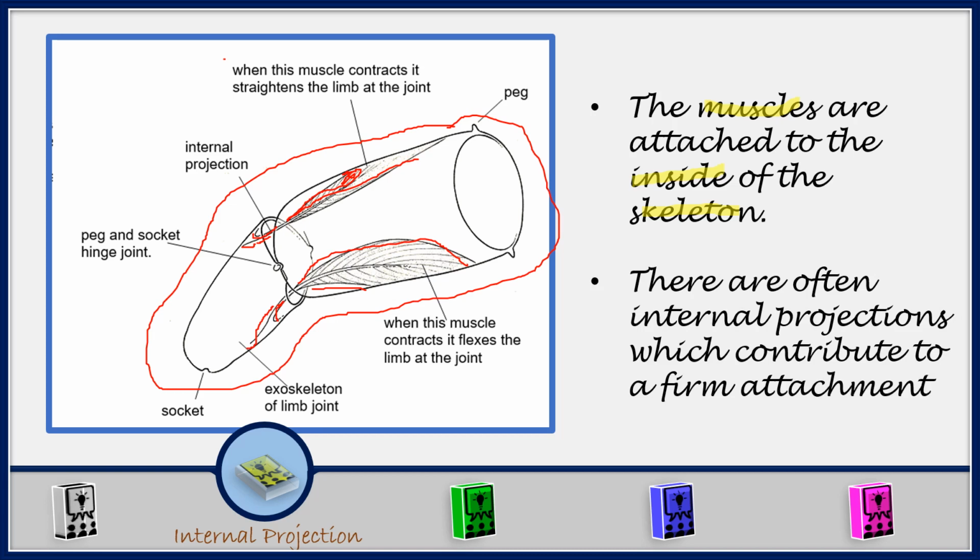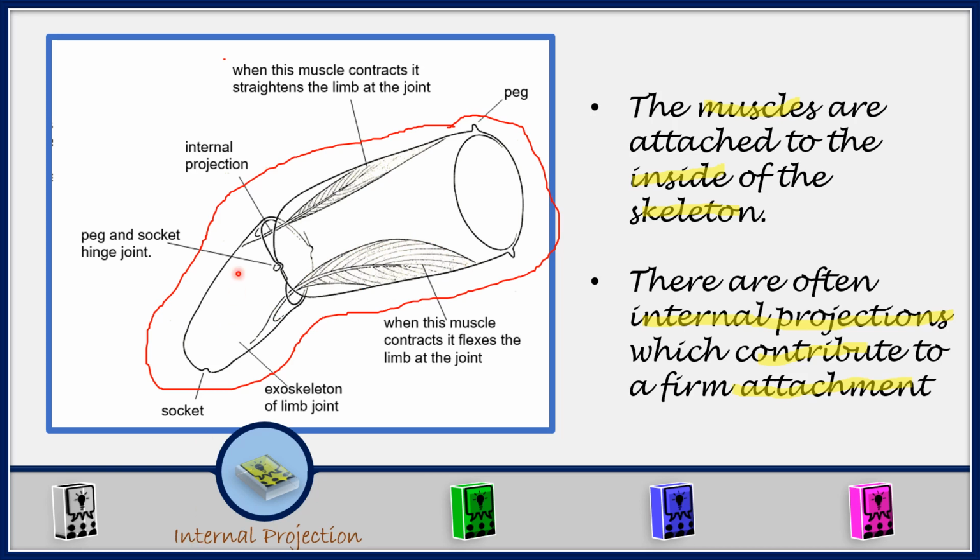There are often internal projections which contribute to the firm attachment. So we are saying these projections here. There is a projection here, where this muscle is attached, and another projection down here where this muscle is attached.